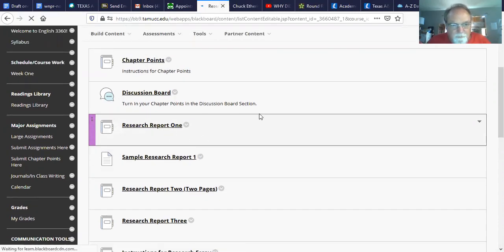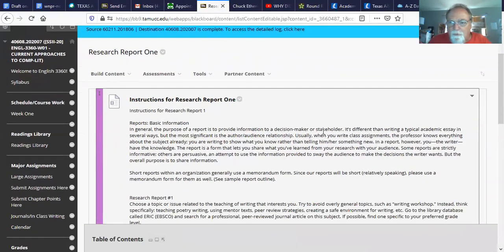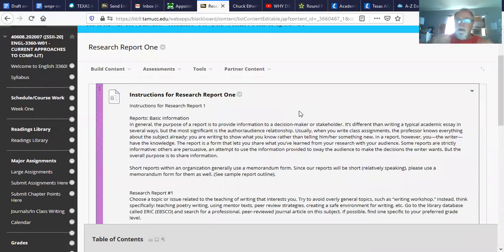Let's look at the assignment. And I won't read the entire instructions, but basically you want to find some kind of article about the teaching of writing. And I realize it's early in the semester. All you've read is a little bit of Anderson's Mechanically Inclined and the first few chapters of Ray, but you probably saw some things that you had questions about, you're not sure, or maybe you want to know more about.